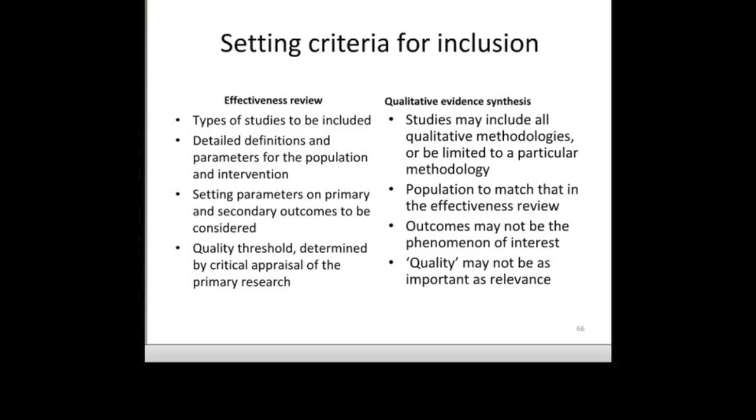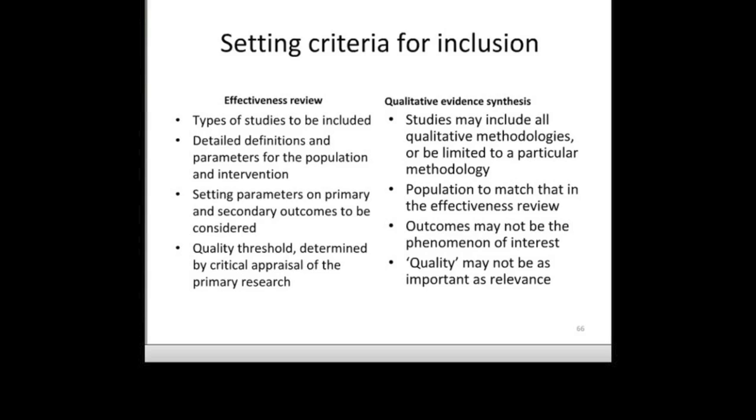The qualitative evidence synthesis, on the other hand, often includes all sorts of qualitative methodologies. They may limit it to particular methodologies or types of papers. I'm aware of many reviews that exclude, for example, opinion papers because they don't consider that empirical qualitative research.